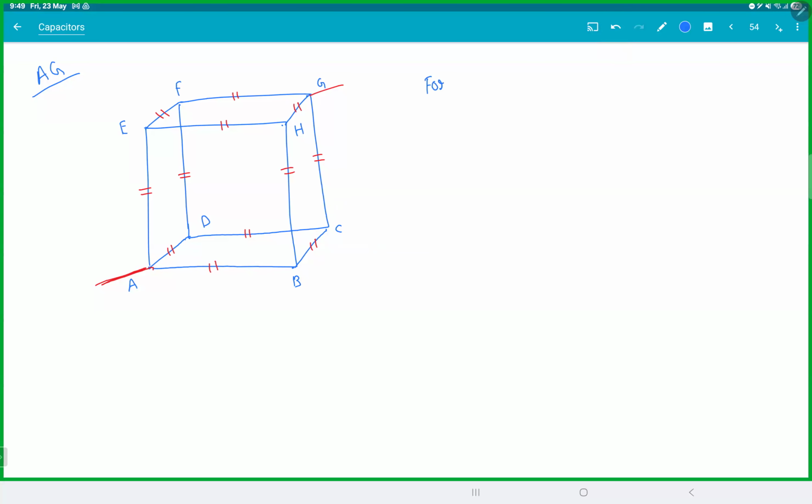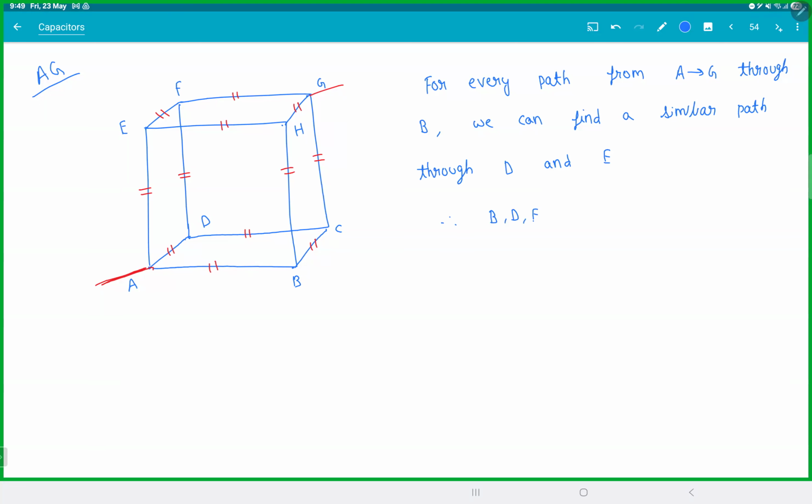So for every path from A to G through B, we can find a similar path through D and E. Therefore, point B, point D, and point E are identical.